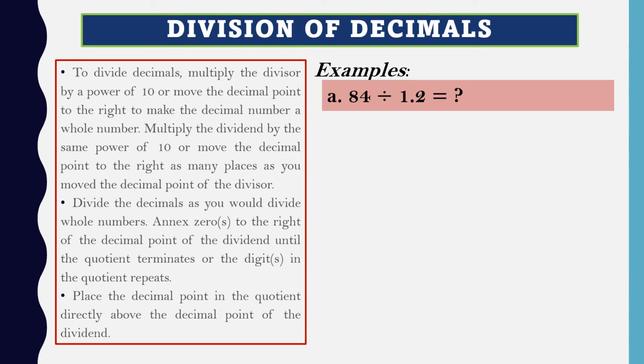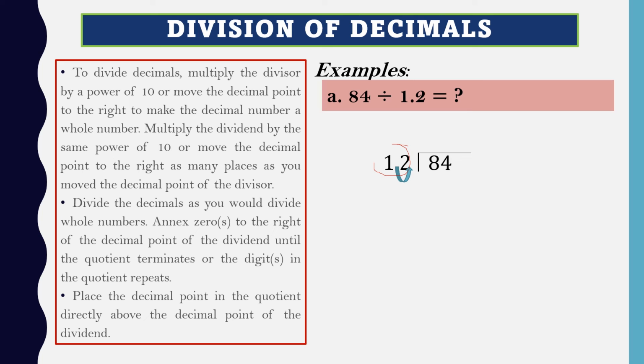So those are the steps that we need to follow for us to solve or find the answer to our examples. Example A, we will divide 84 by 1.2. So we are going to place it in the division symbol. So 84 is inside since it is the dividend, and 1.2 is outside, the divisor. And then we must make our divisor a whole number first.